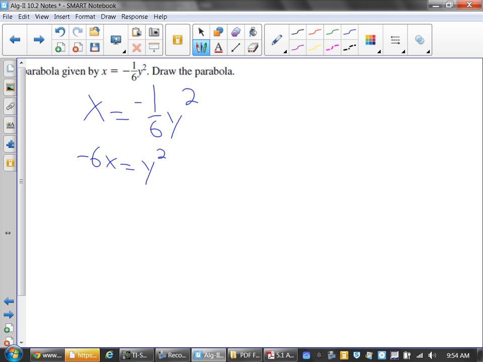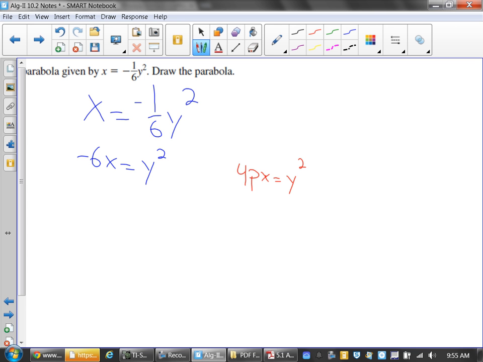Now, this is going to mirror our 4px equals y squared. Everybody okay with that? I'm just writing it next to it. Here's where it gets interesting. The coefficient of x, is it positive or negative? Negative. So what direction do you think this is going to open? To the left, very good.